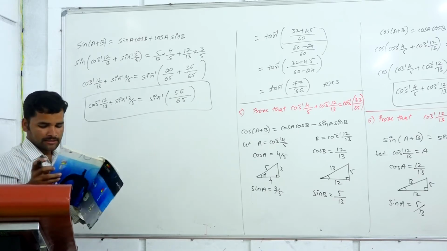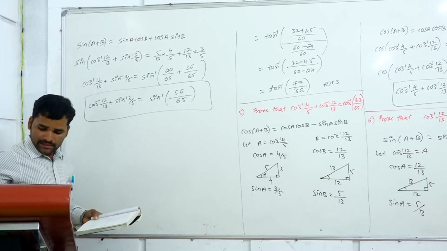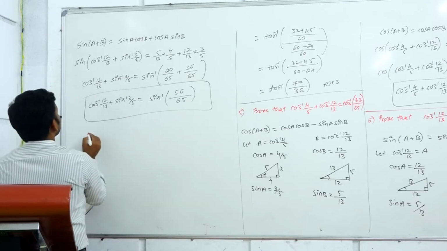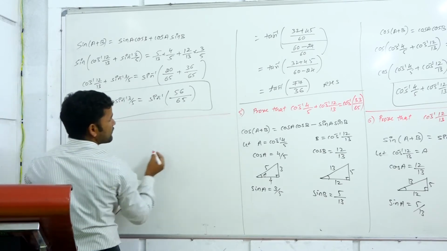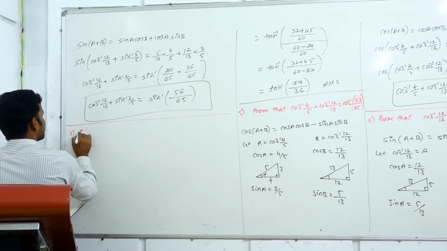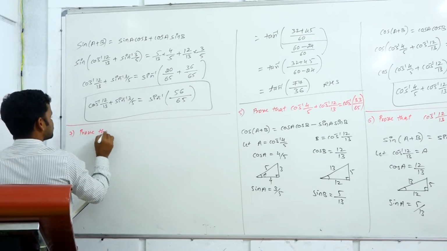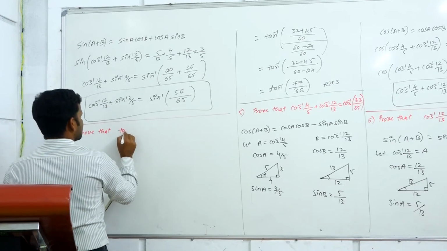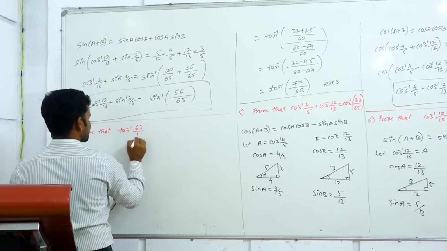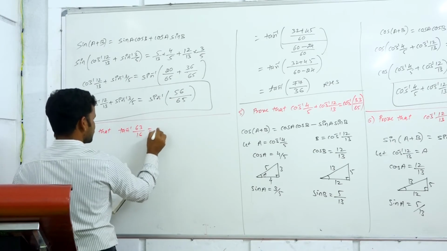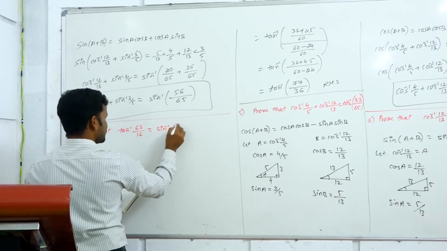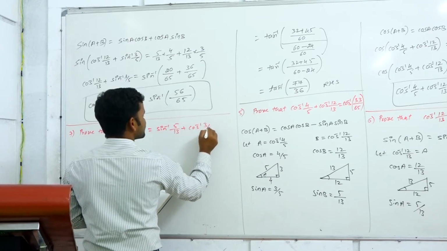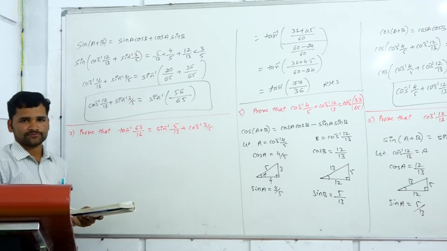Now going to problem number 7. Problem number 7 says, prove that tan inverse of 63 by 16 is equal to sine inverse of 5 by 13 plus cos inverse of 3 by 5.